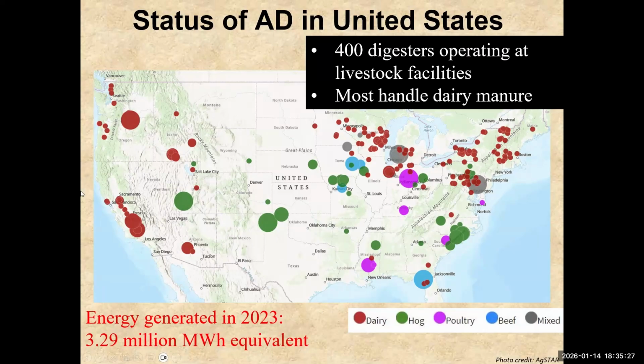You can see this red dot. The majority of digesters in the US are using dairy manure as their feedstock, followed by swine manure. And operation of these digesters has produced an equivalent of 3.29 million megawatt hours of energy.